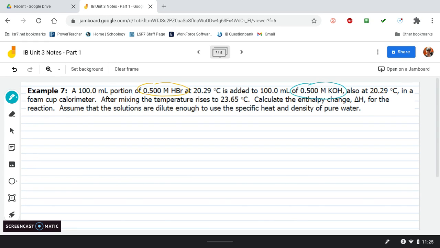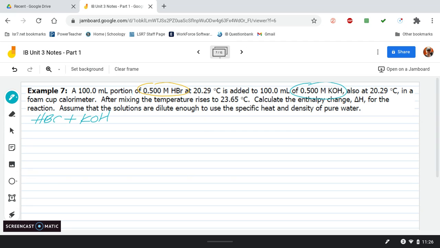So the first thing I want you to recognize is that you have an acid, because remember I said acids start with H, so you have an acid, HBr, and we're adding it to a base, KOH, and so this is an acid-base combination.